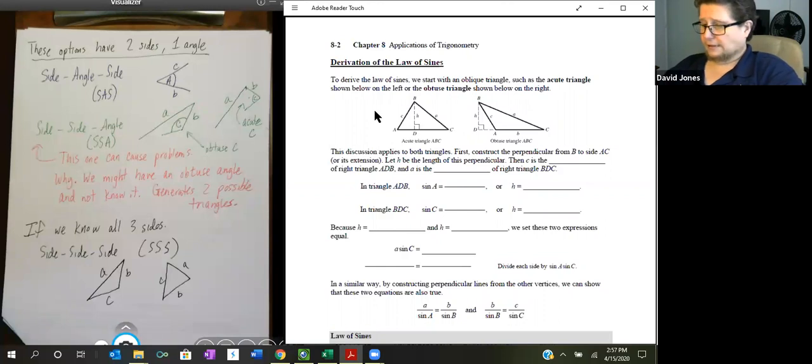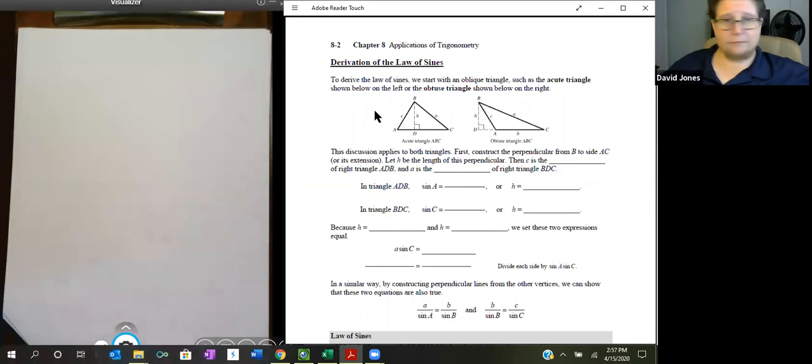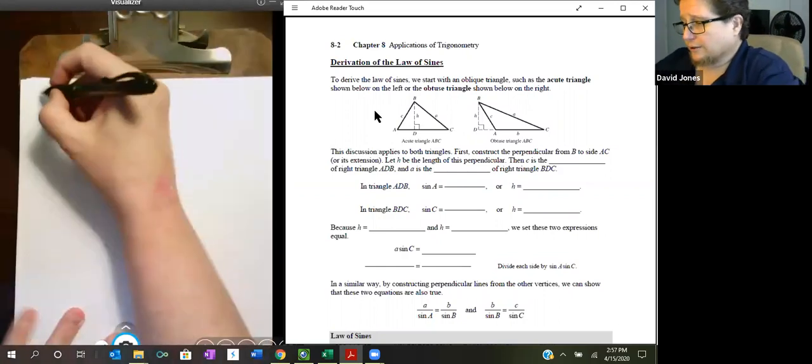Okay, so how do we solve them? The different methods we'll use, solving oblique triangles.